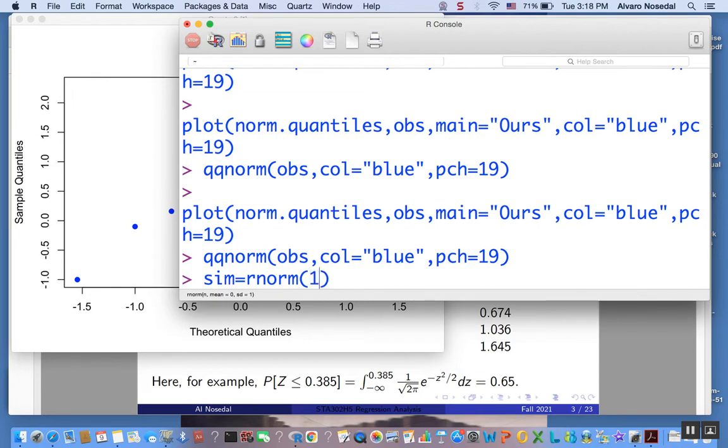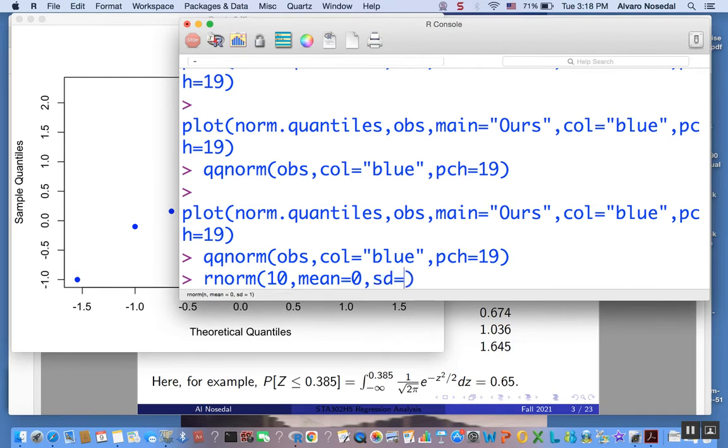So let me show you first rnorm, and let me just create, say, 10 of them. We have two parameters, as you can imagine, mean and standard deviation. Let's do it with standard normals, right?